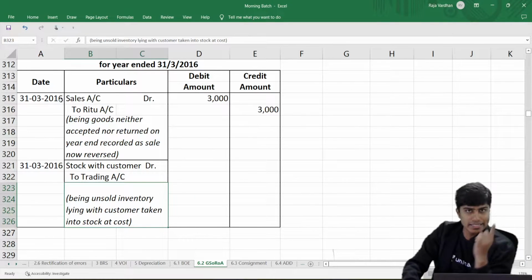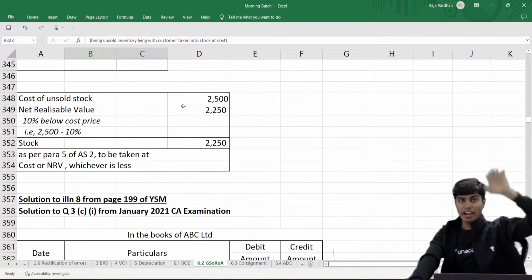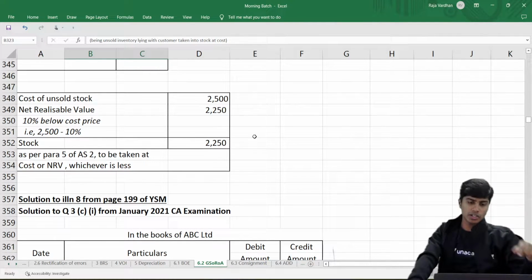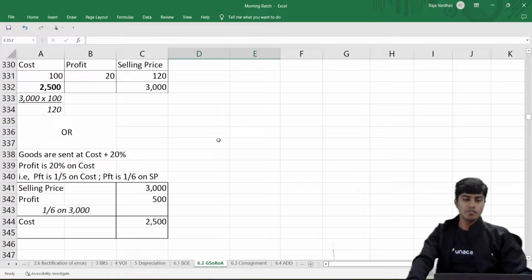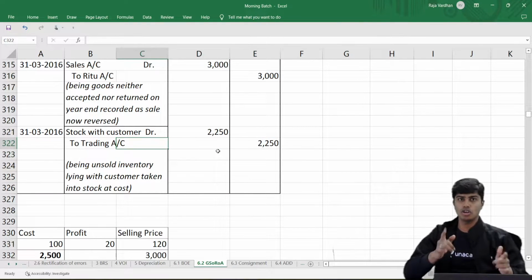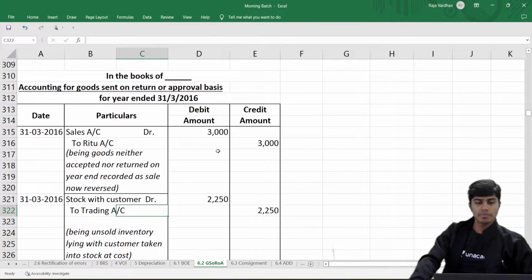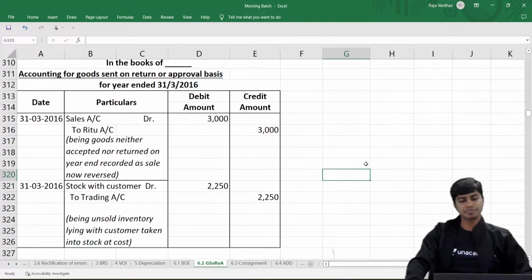We would have usually written this at 2,500, which is cost price, but because of para 5 of AS 2, we'll record it at 2,250, which is NRV, being lesser than the stock cost. That's it. These are the two entries for illustration number 7.